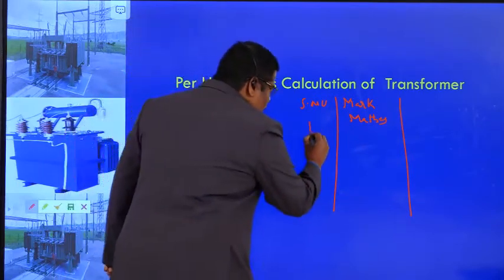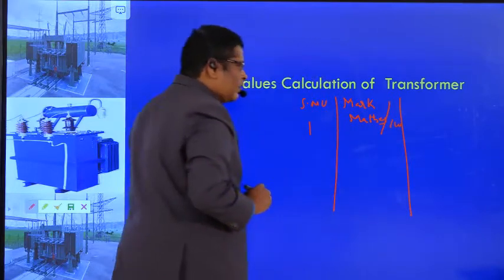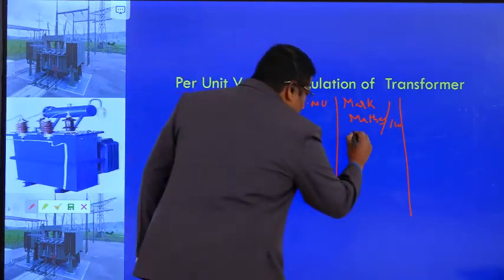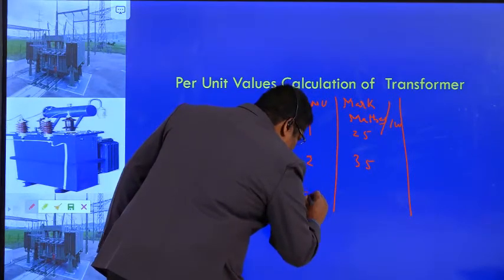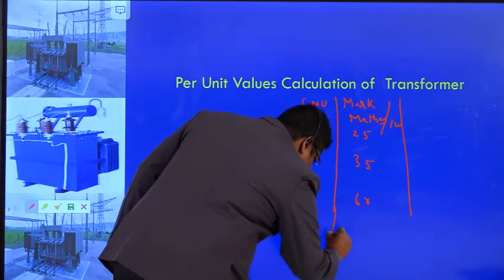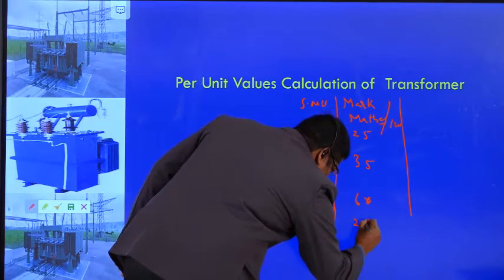The first student, out of 100, got 25 marks, the second student got 35 marks, the third student got 60 marks, the fourth student got again 20 marks.